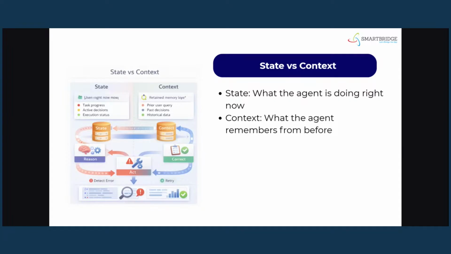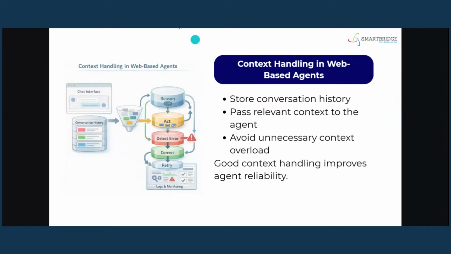I hope everyone understood the difference between state and context. State means what the agent is doing right now, and context means what the agent remembers from before, such as the actions that have been taken before. Okay, let's move to the next slide.